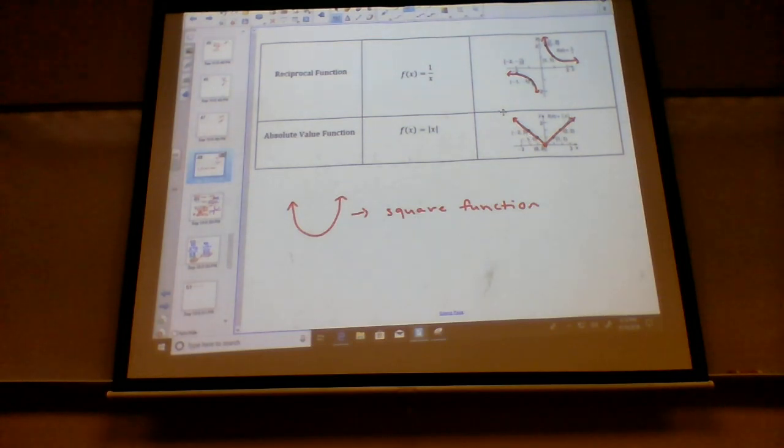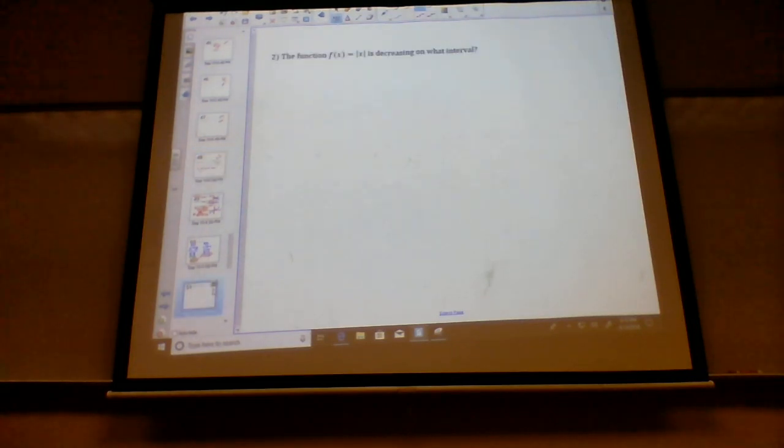Let's see. Okay, so here's the absolute value function, and they asked us where it's decreasing. Well, decreasing means that it's sloping down. So it's decreasing right here. I'm going to highlight in green where it's decreasing. So it's decreasing from negative infinity to 0. So I'm going to say that our absolute value function is decreasing from negative infinity to 0.